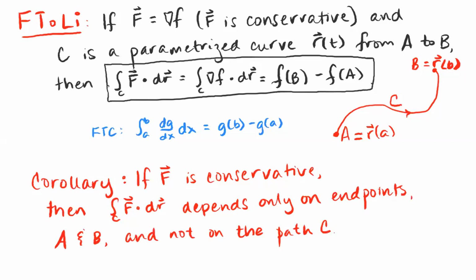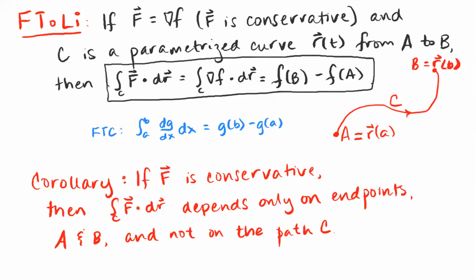If you remember a couple days ago in the second lecture I did about line integrals of vector fields, I did 2 examples of how to integrate the same vector field along 2 different curves with the same endpoints, and I got 2 different answers.